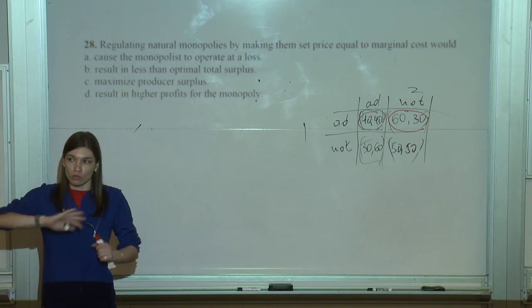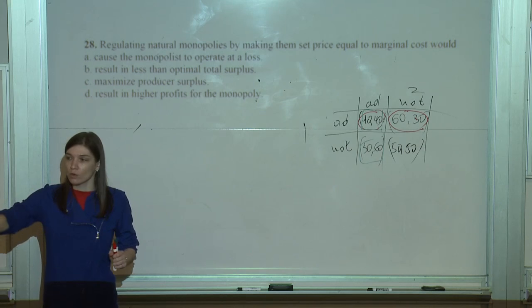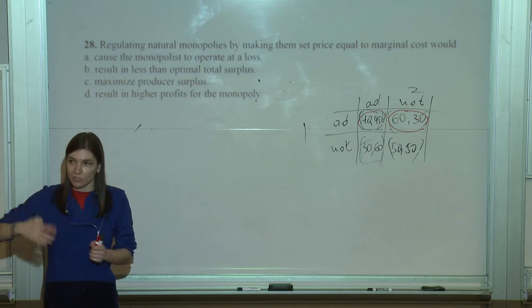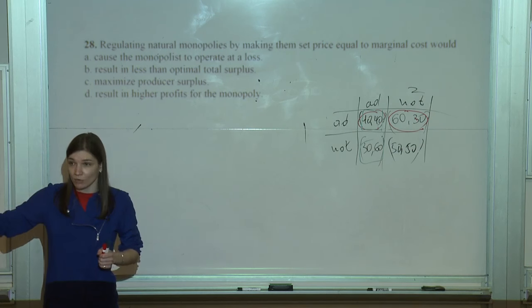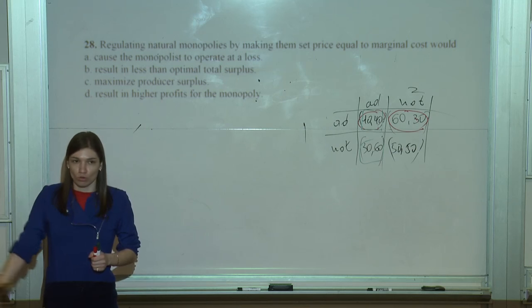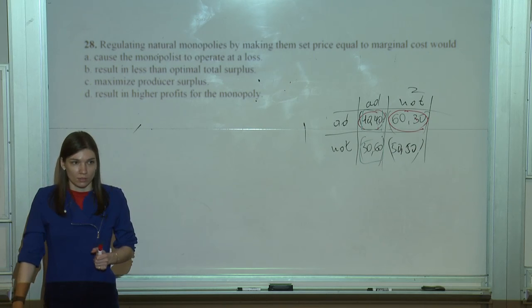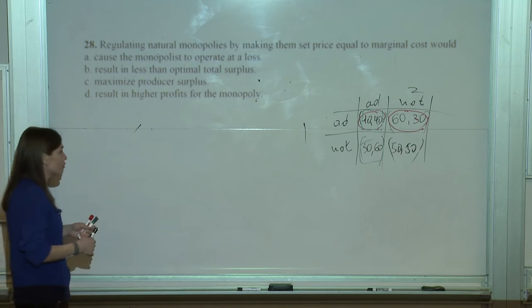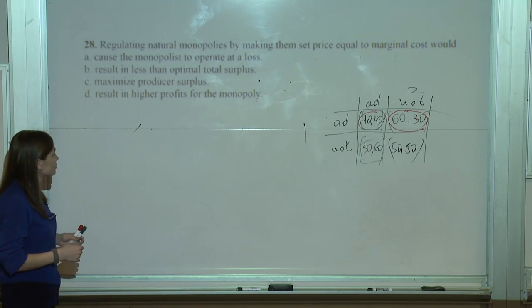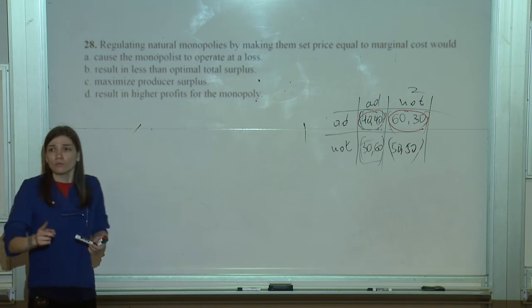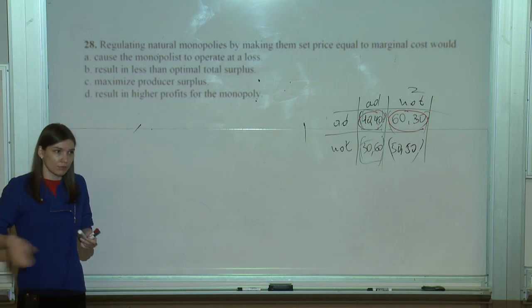If there's only fixed cost, no variable cost, as you increase quantity, what happens to average total cost? It decreases, all right? So the main characteristic of a natural monopoly is a constantly decreasing average total cost. It's just more efficient for everybody to have only one firm servicing this market because of the decrease in average total cost.